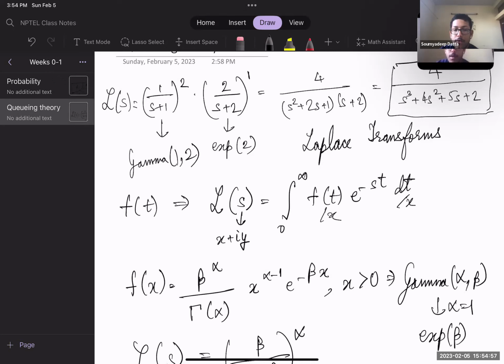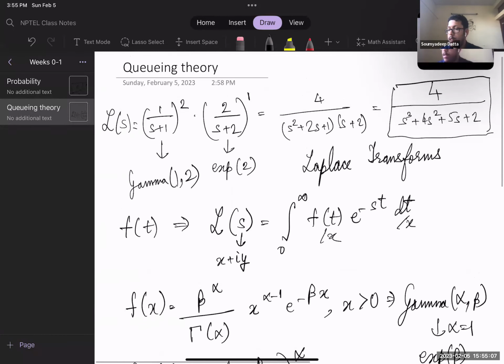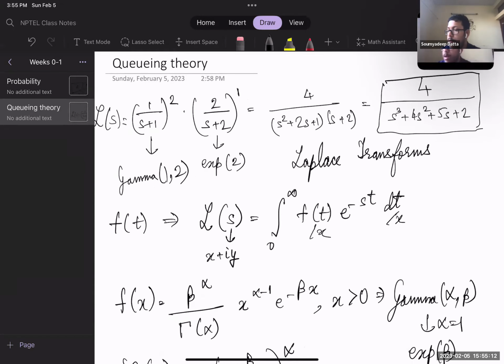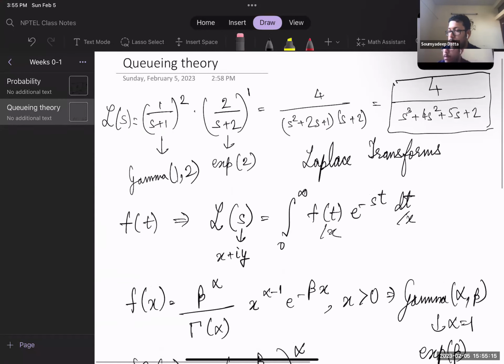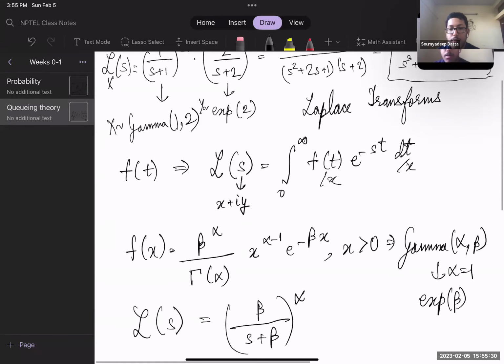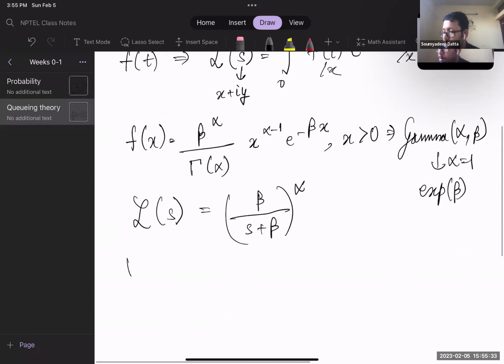Since the Laplace transforms multiply, we have 2 independent random variables. Let's say x has a distribution of gamma 1, 2, and y has a distribution of exponential 2. So this is the Laplace transform of some random variable x, and you are asked to find the variance of x.